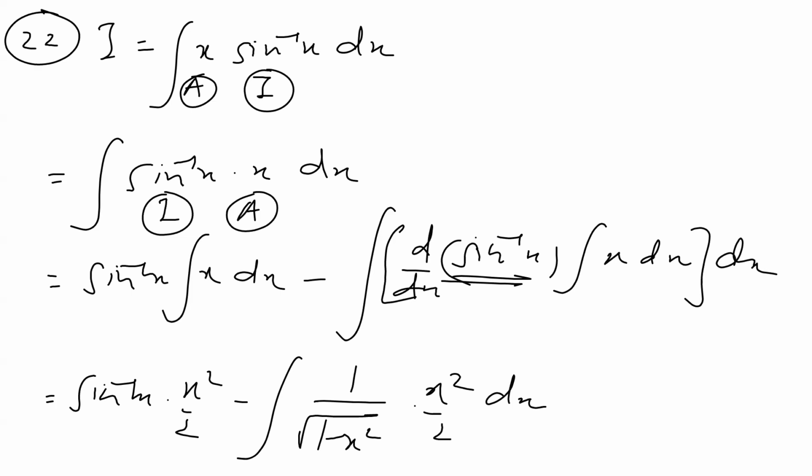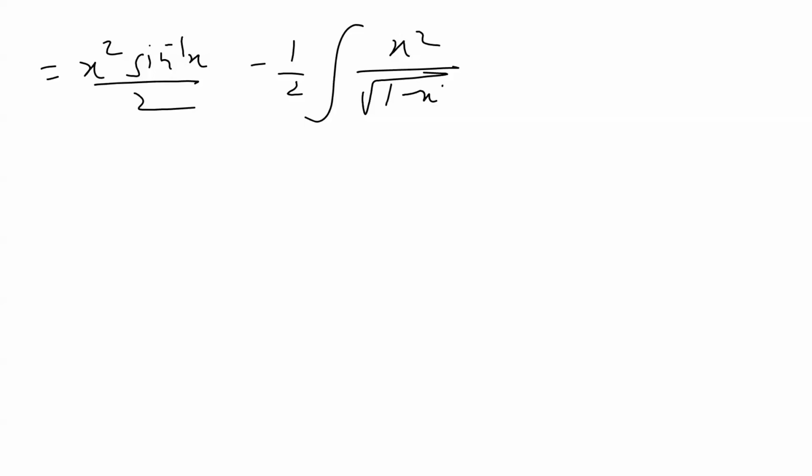Now, again, we can take this half outside. So x square sine inverse x by 2 minus integration of x square upon root 1 minus x square.